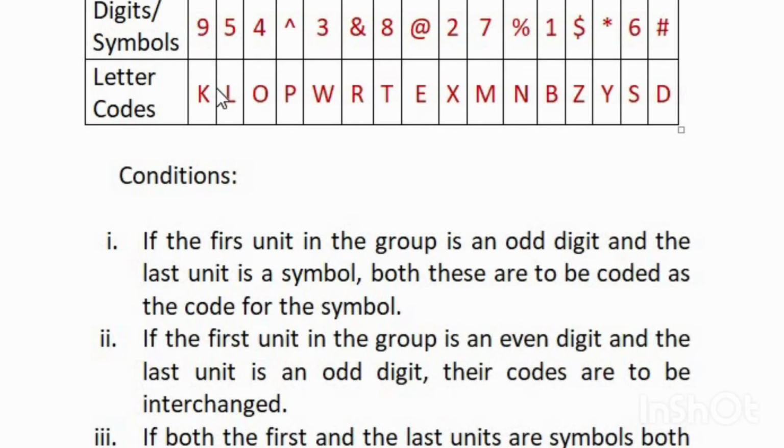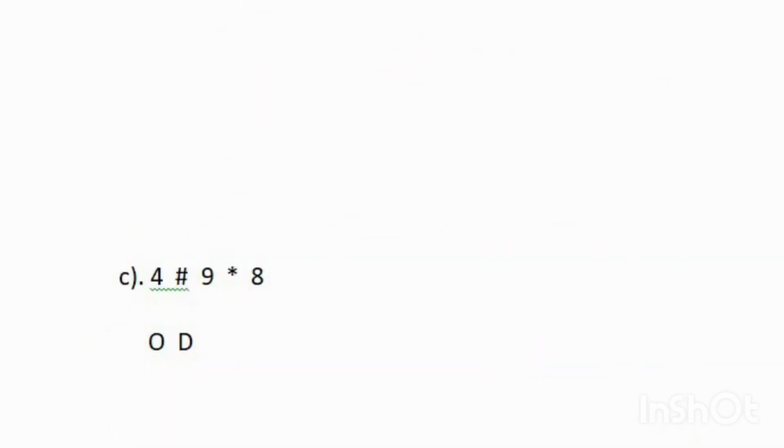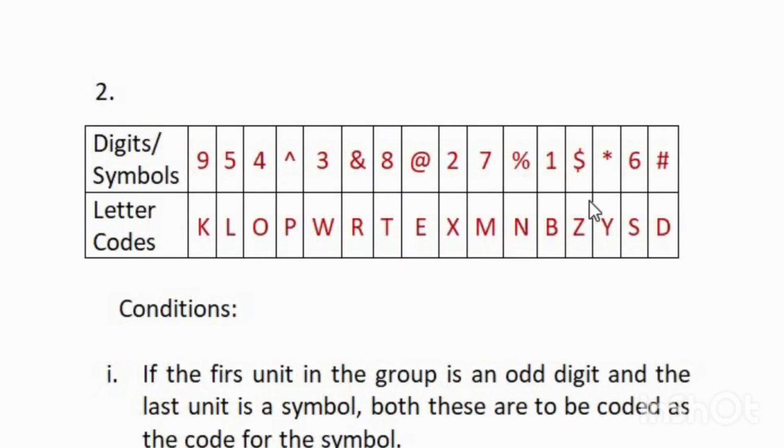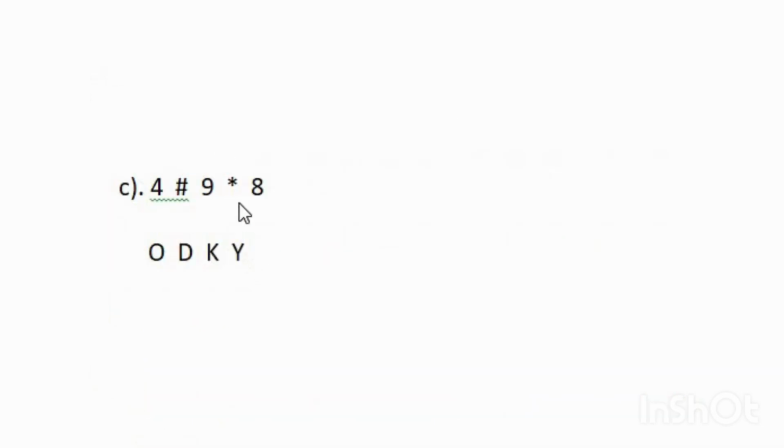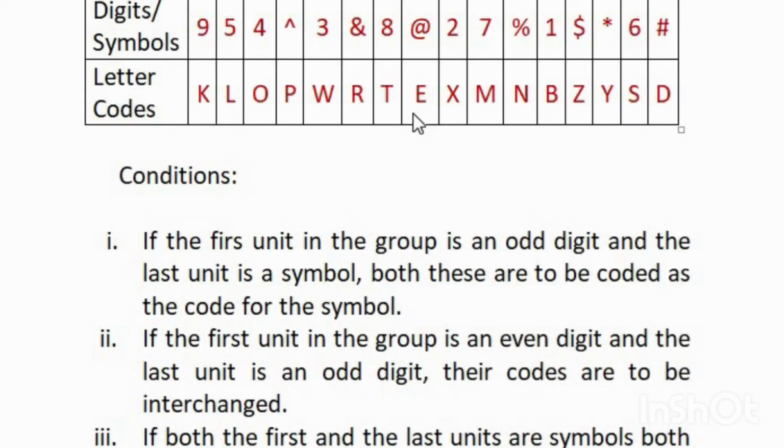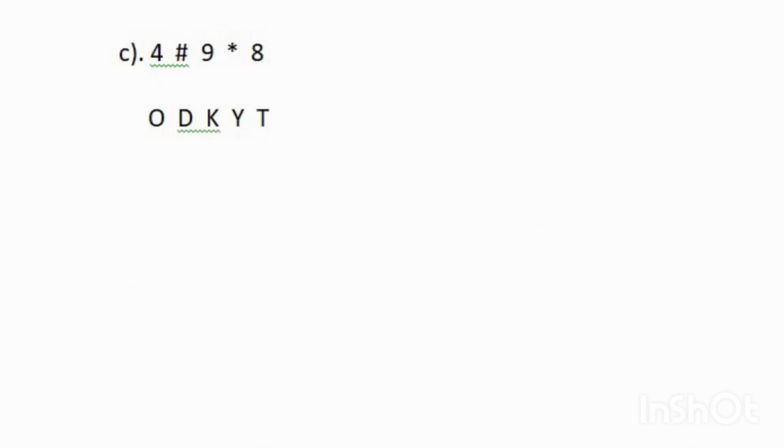The letter code corresponding to 9 is K. So write K under 9. The next unit is a symbol star. From the table, the letter code corresponding to star is Y. So write Y under star, and the letter code corresponding to 8 is T. So write T here.